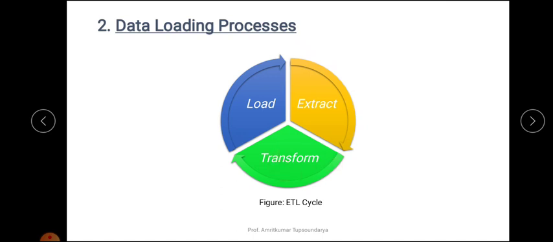By transform I mean it should be aligned together by key fields and integrated into a single data set. Once the data is integrated, the next stage is the loading of the data. The transformed data should then be loaded into the data warehouse. Now this completes the ETL cycle, that is the extract, transform, load cycle.